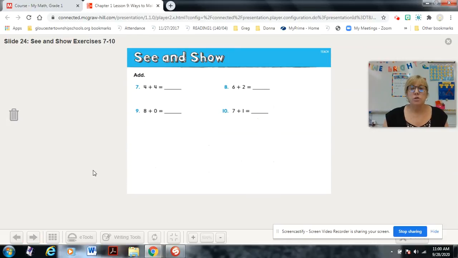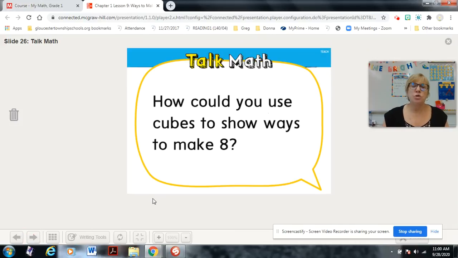Okay, so now you can figure out your answers, pause, and then come back and check your answers. Good job. Yep, they're all ways to make 8. How could you use cubes to show ways to make 8? That's right.